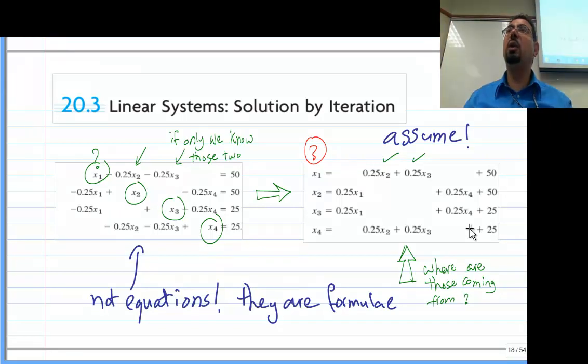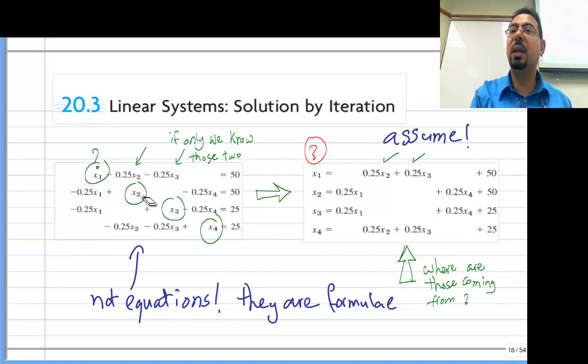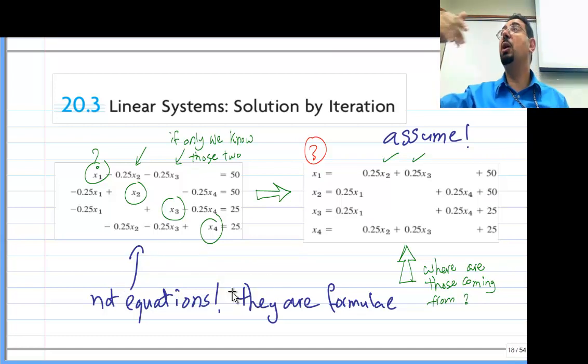I mean, the system as a whole, yes, is 1,000 by 1,000, but the first equation is like this, the second equation like this, the third is like this, the fifth is x3, x4 and x5, the next one is 5, 6 and 7, the next one is 8, 9 and 10.